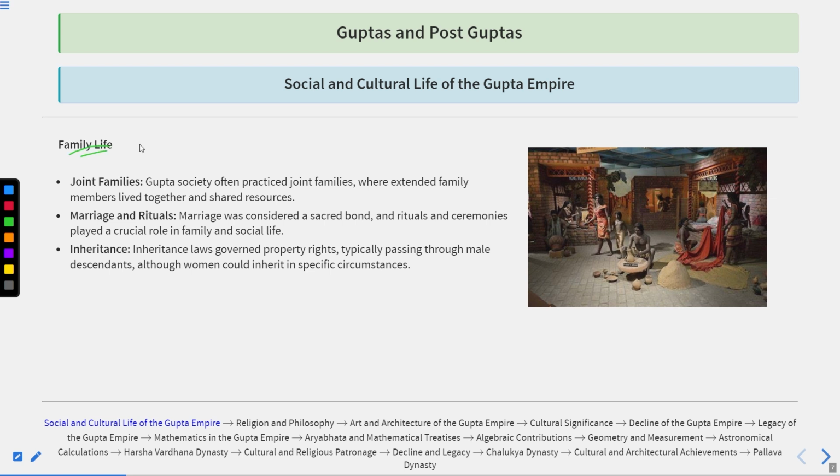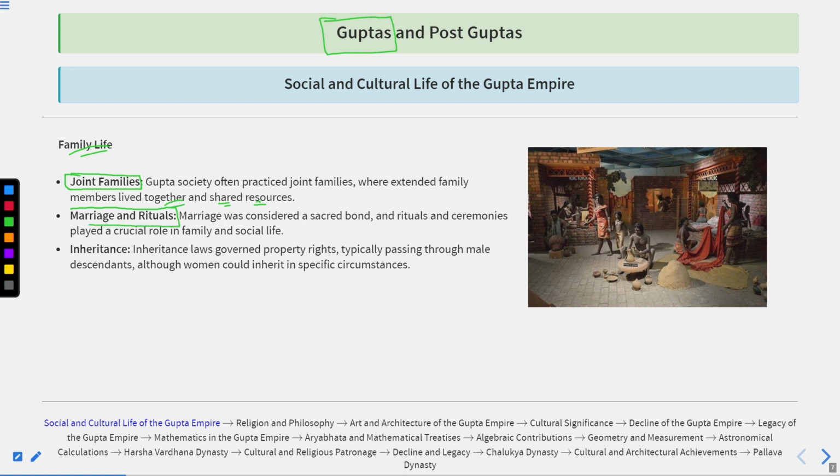Thereafter, if we talk about family life during the Gupta period, they had the concept of joint families. It means Gupta society often practiced the joint family, where extended family members lived together and shared their resources.